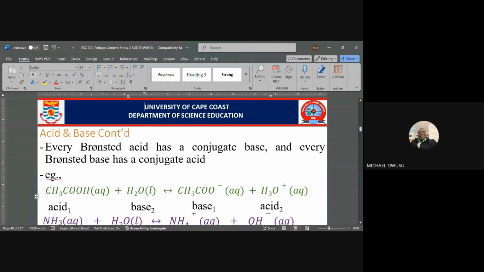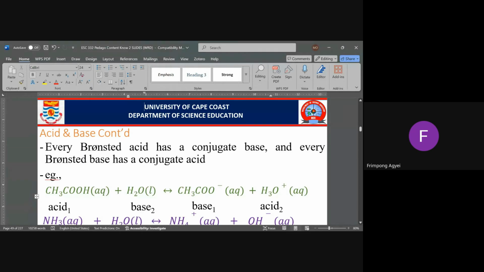Stop with the English and use the terminology. Ammonium ion, NH4, will lose a proton. When it loses the proton, according to Bronsted-Lowry, it's an acid. So its conjugate base becomes NH3.